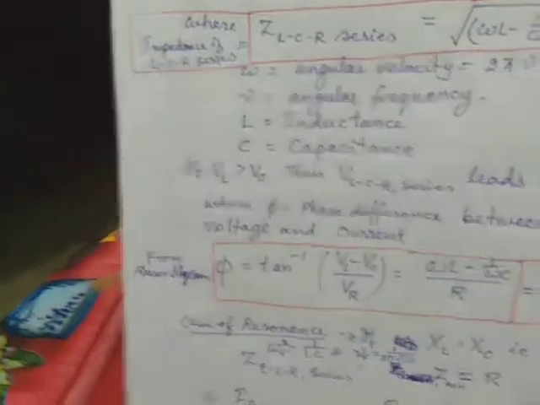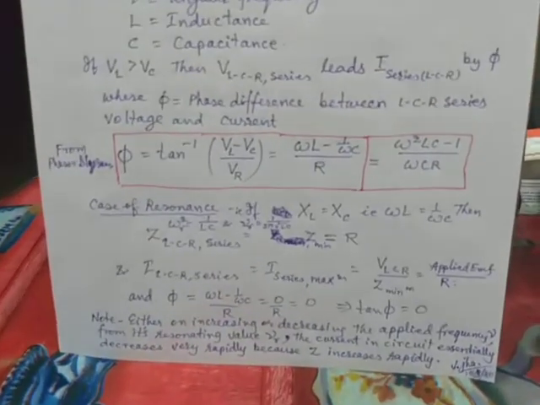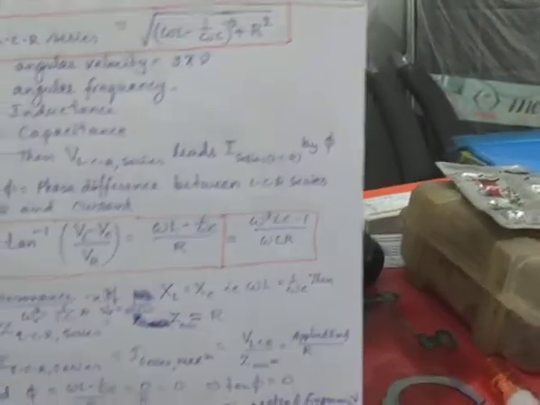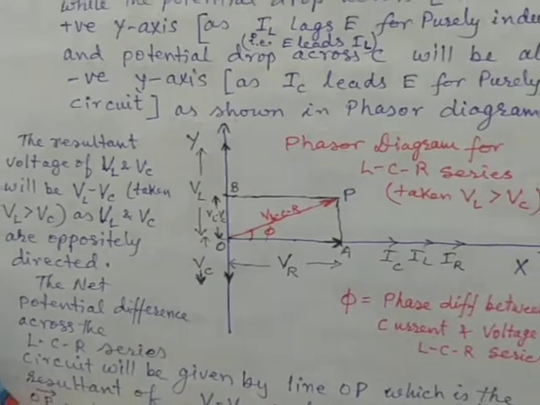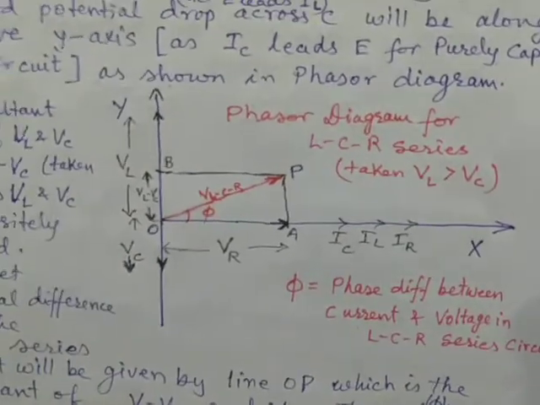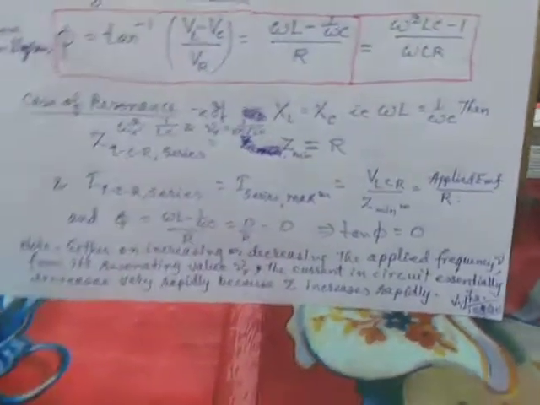This is directly coming from the phasor diagram of the LCR circuit, which we have drawn earlier, you can see it again. This is the phasor diagram of the LCR circuit, and from this diagram we find the phase difference phi. So this is all for today.